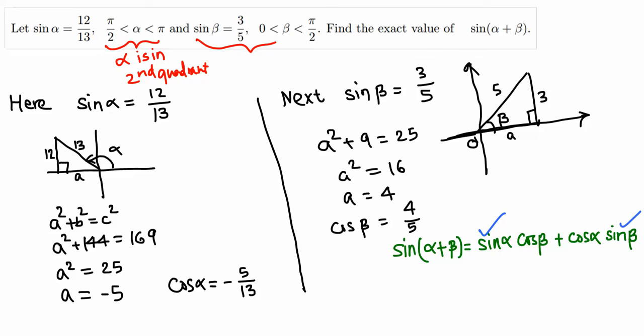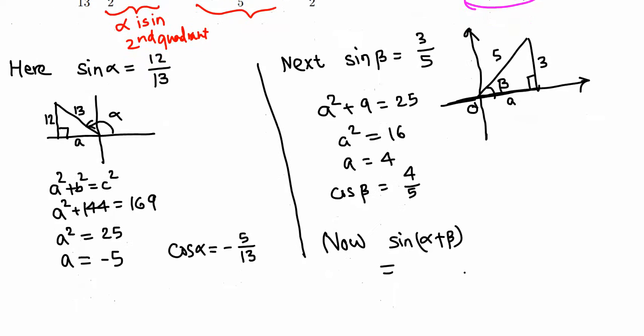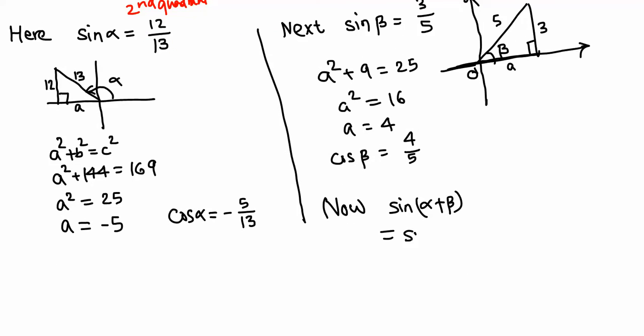Okay, now we have all the ingredients, then we can find the exact value of sine alpha plus beta. That's what is asked. Now, sine alpha plus beta, the formula is provided. I just erased it, but you can see that it is sine alpha cosine beta plus cosine alpha sine beta.